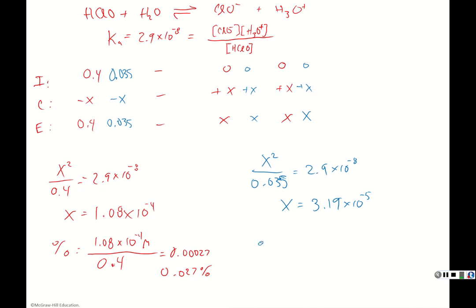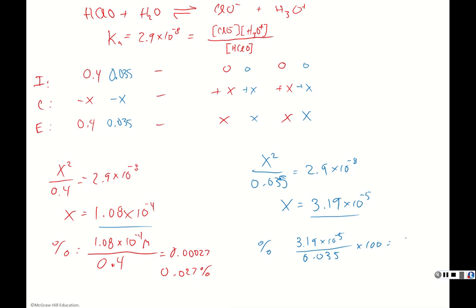Right, and then finding the percentage that's dissociated, that'd be 3.19 times 10 to the minus 5. And you can see that's a smaller number, right? If we compare that number to this number, it's a smaller number, divided by our starting concentration times 100.